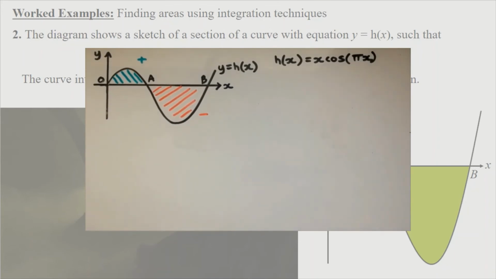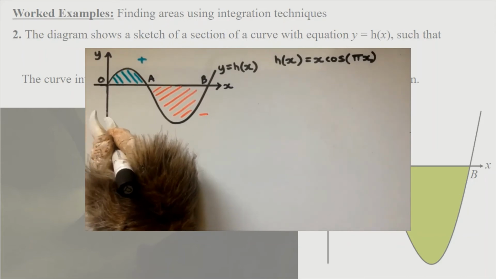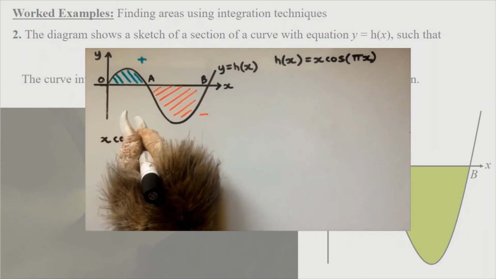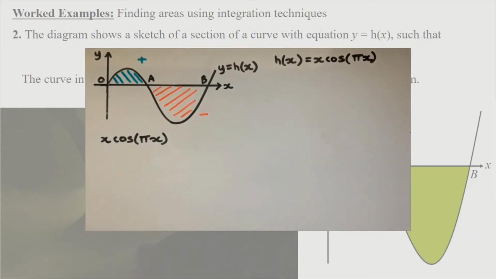Okay, so let's write down our function, and we have an equation to solve. So we have x cos of pi x, and we would like to know, in order to get these values for a and b, O is obviously of course the origin, so that would be 0.